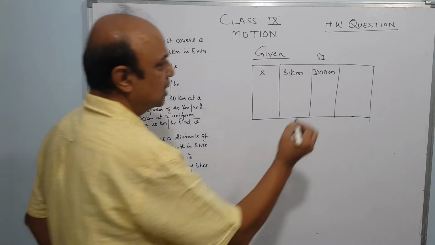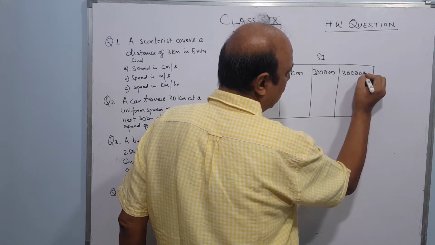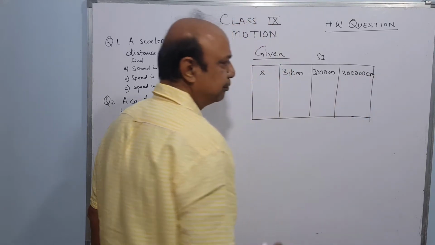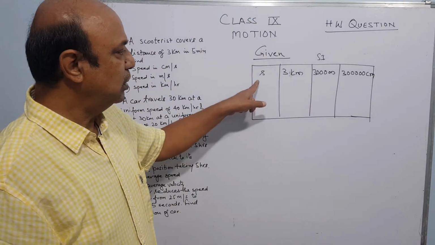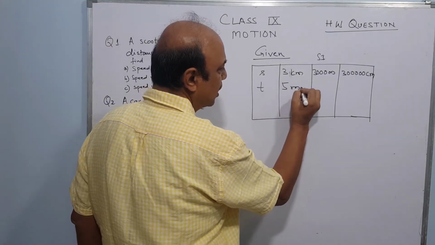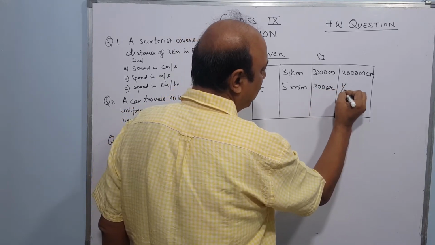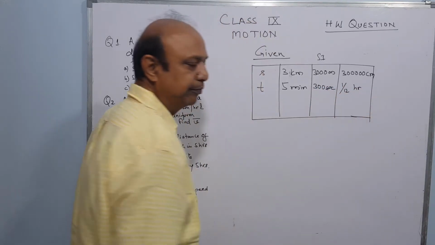Yes, centimeter is coming up. I will say it is also equal to centimeter. Once we have this, t is equal to 5 minutes, which is 300 seconds or 1 upon 12 hour.